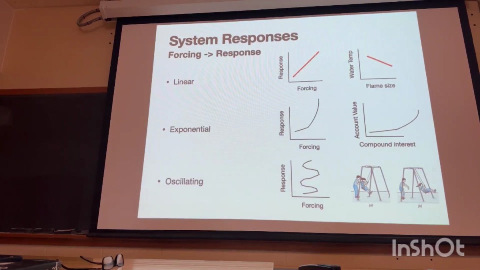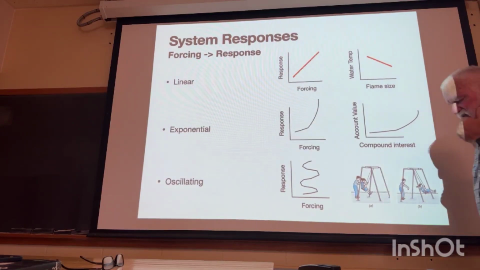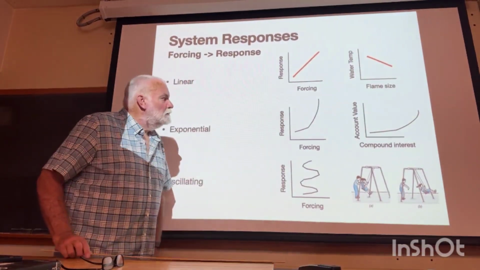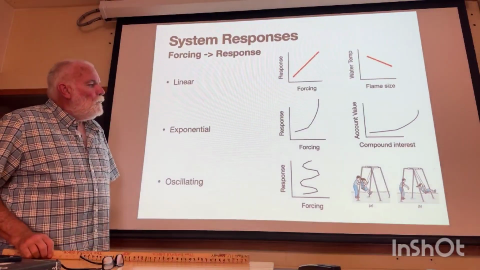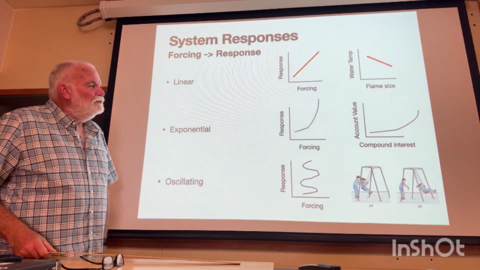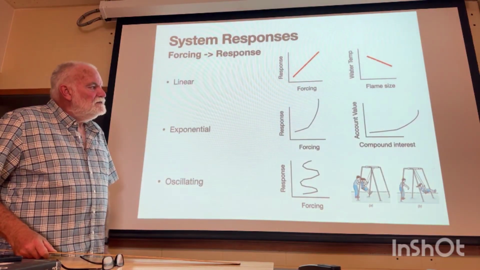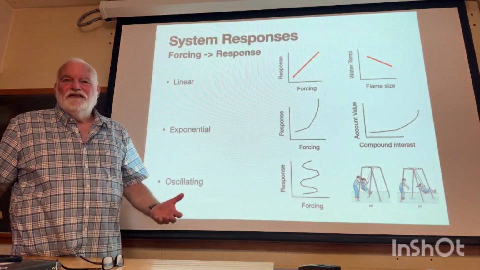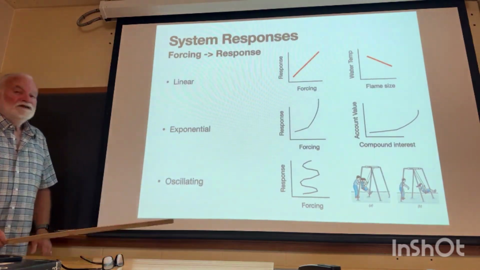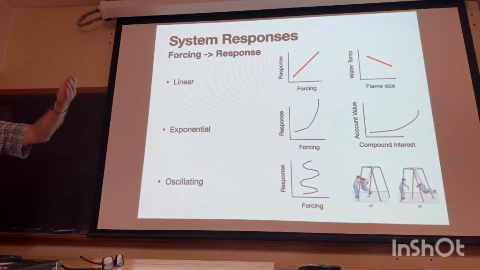Is there any way though that the flame size might not be as simple as what we would expect it to be? Water temperature goes down because the flame size gets bigger. Not clear that you could get an example, right? So we'll live with it for now. So this is a simple, linear responding system.